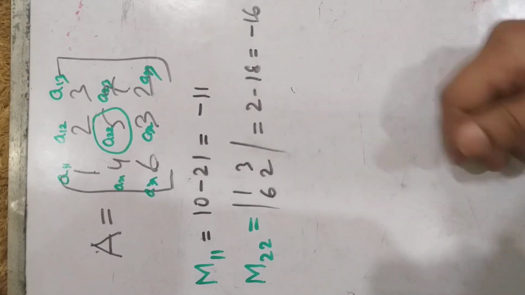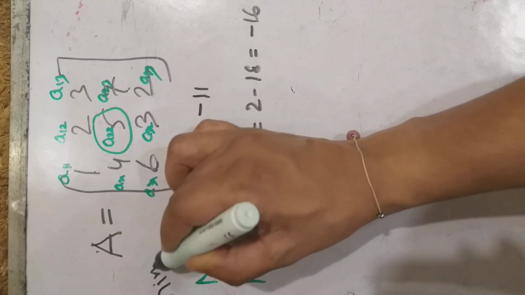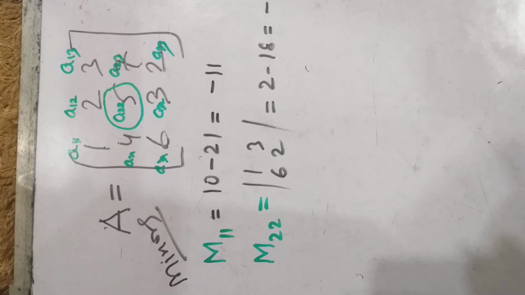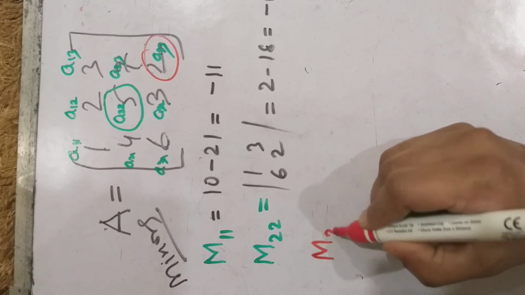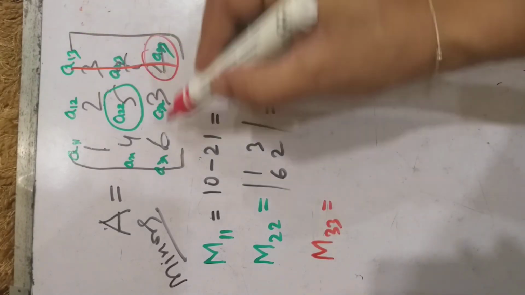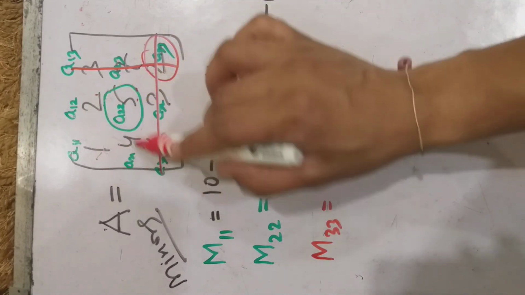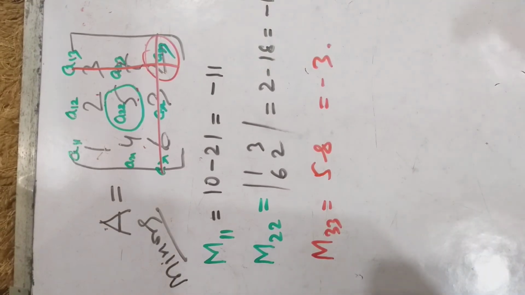So in this way we can calculate the minors. We are finding what? Minors. We can find the minors of every element. So let us, for the last time, find the A33 minor. M33, we just block this row and column. 1, 2, 4, 5. 5 minus 8, which is minus 3, is the minor.